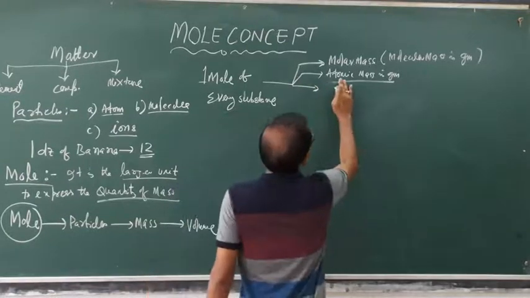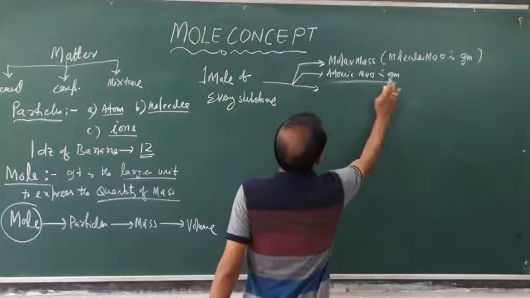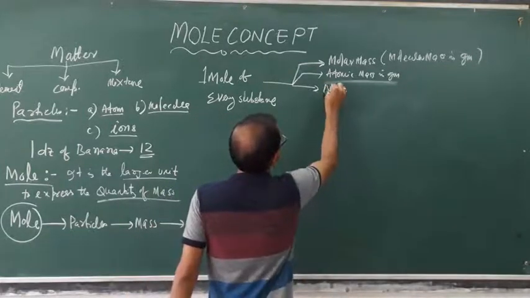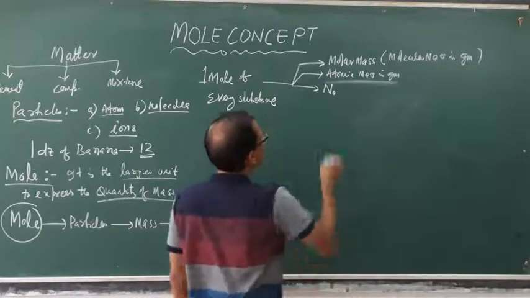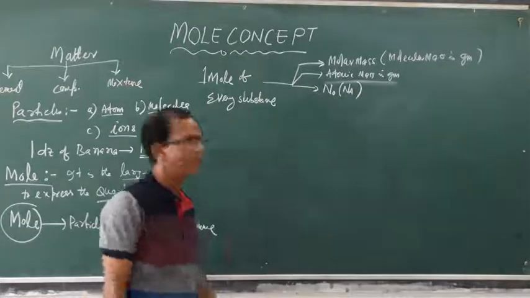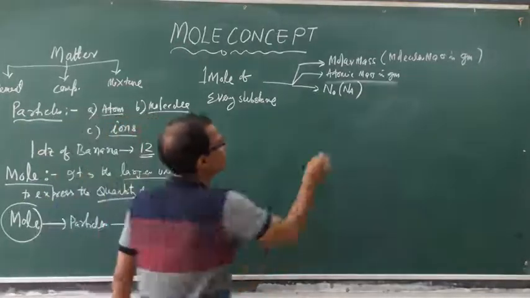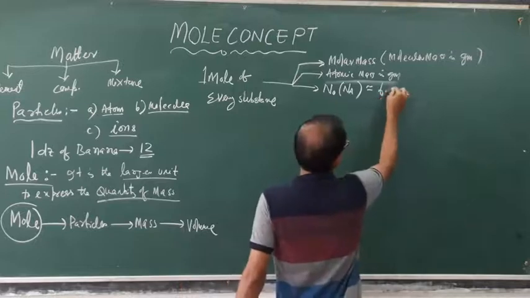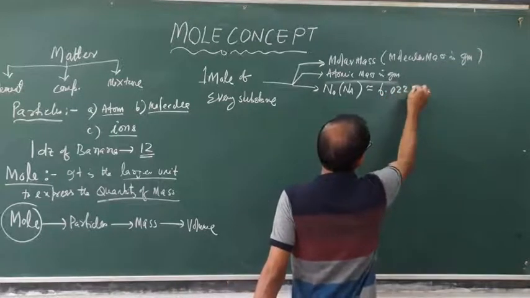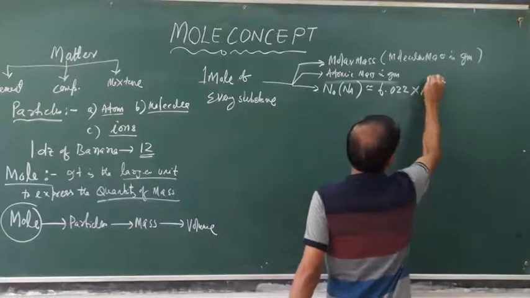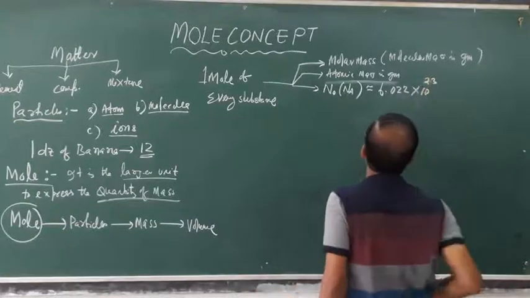And this is also equal to N0, or it is called NA. Both are the same. This value is equal to 6.022 × 10^23 particles.